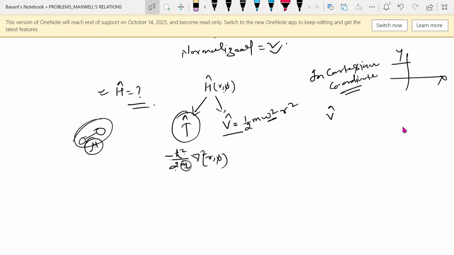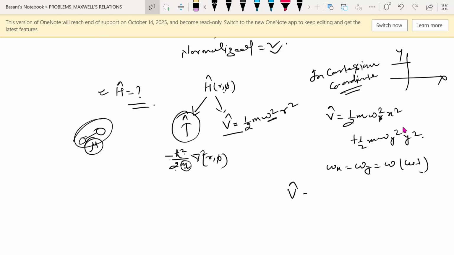So the potential energy is equal to half m omega x squared x squared plus half m omega y squared y squared. But this system is isotropic, so omega x is equal to omega y, and this is omega, and the potential energy becomes half m omega squared times (x squared plus y squared).